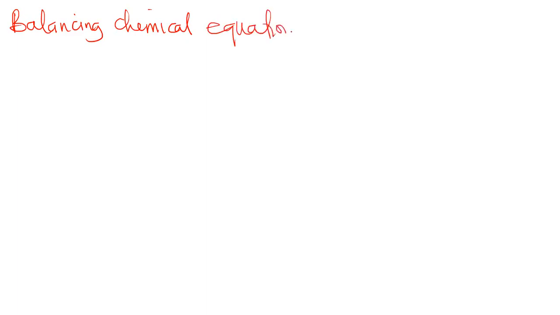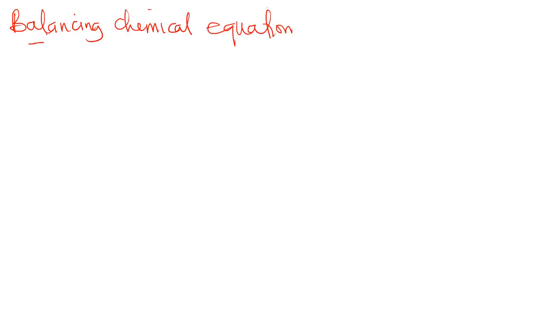So we also talked about conservation of mass. So you do this by being able to balance chemical equations. So really, balancing chemical equations makes sure that you have the same number of atoms as reactants and products.